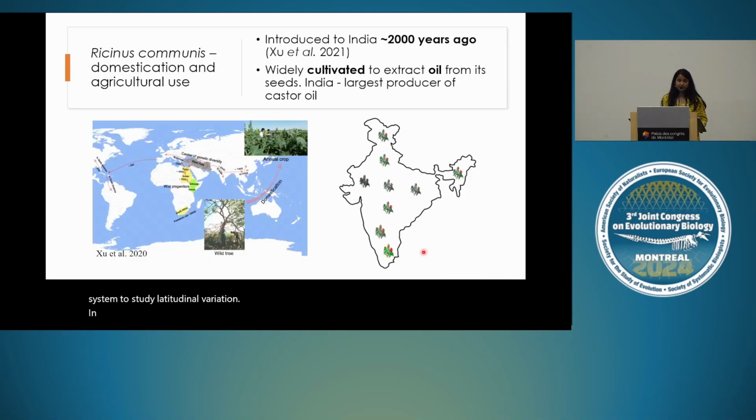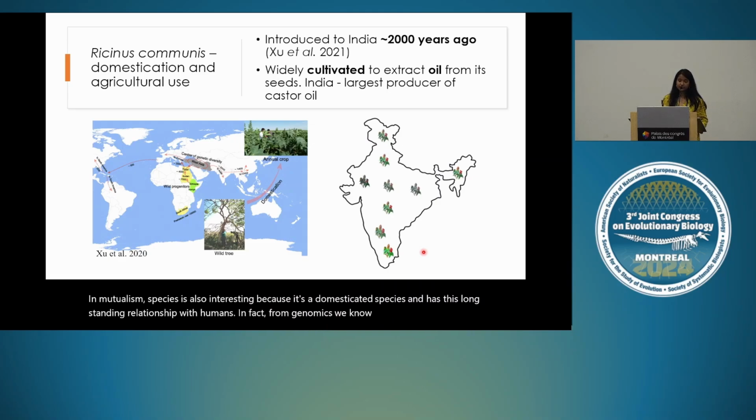This species is also interesting because it's a domesticated species and has this long-standing relationship with humans. In fact, from genomics, we know that castor was introduced to India around 2,000 years ago, which is an order of magnitude greater than what we usually think about with other introduced species.